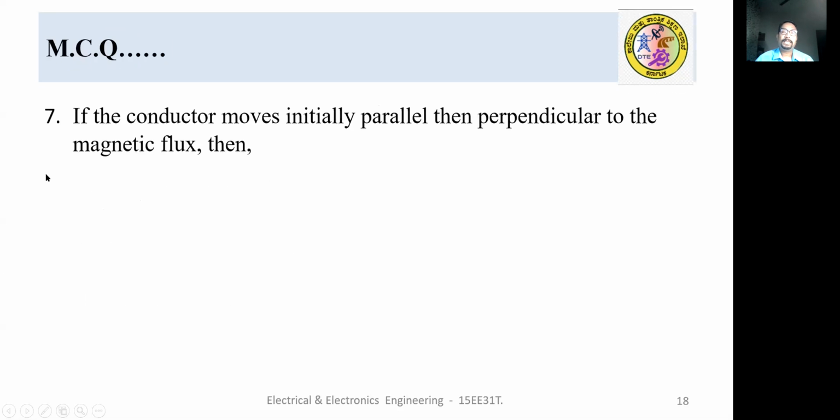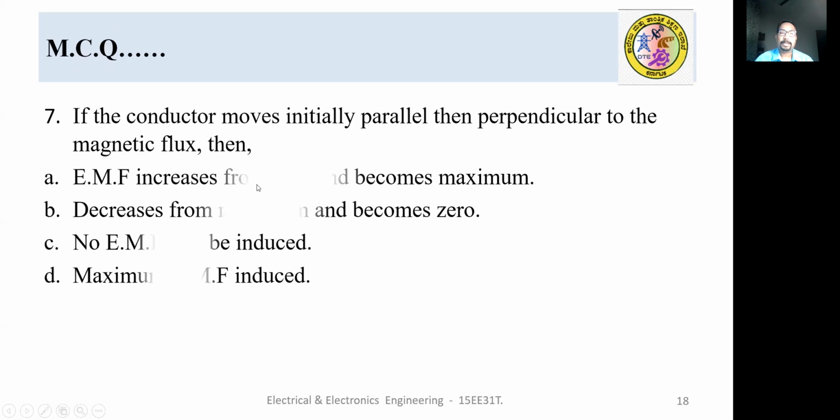Next question. If the conductor moves initially parallel, then perpendicular to the magnetic flux, what happens? Options: EMF increases from 0 to maximum, decreases from maximum to become 0, no EMF will be induced, maximum EMF will be induced. Observe here.